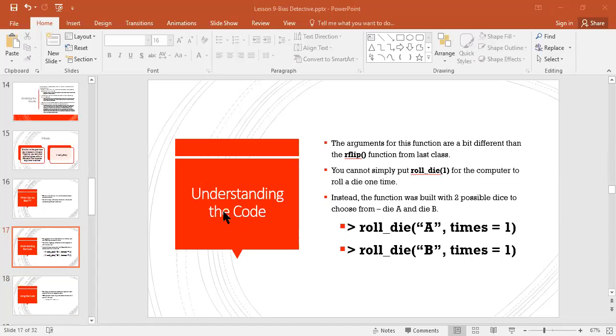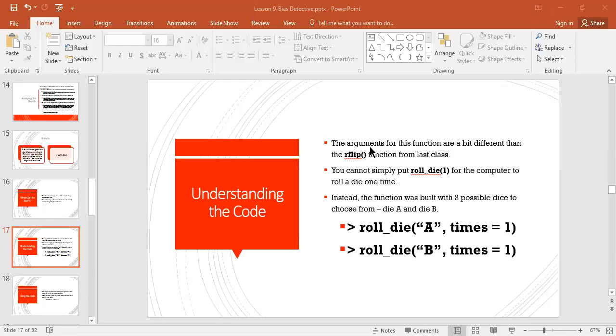Okay, so first thing that we want to do is understand our code. In our last lesson, we did rflip, and rflip was simple. We would just do rflip, and then in the parentheses, we would write how many times we wanted it to flip the coin. But with roll_die, we can't just put roll_die one. That's not how it works, because there are two different dice at play here.